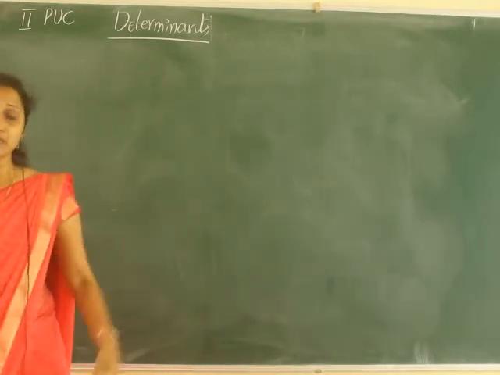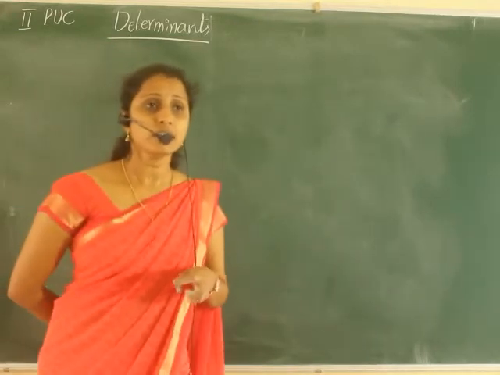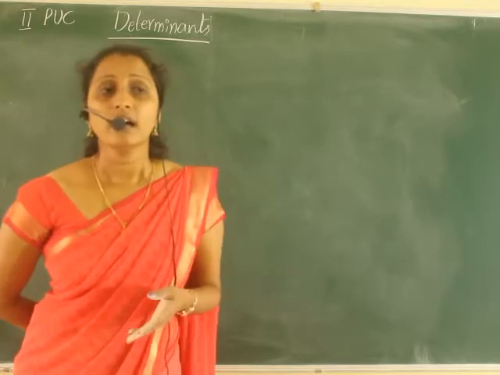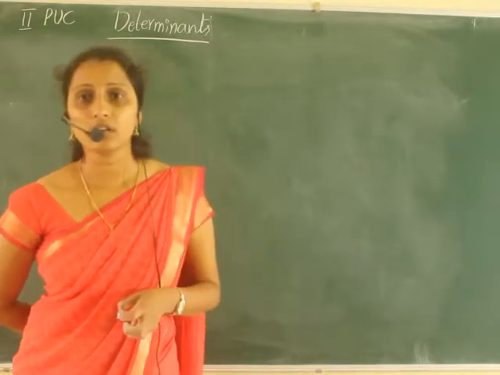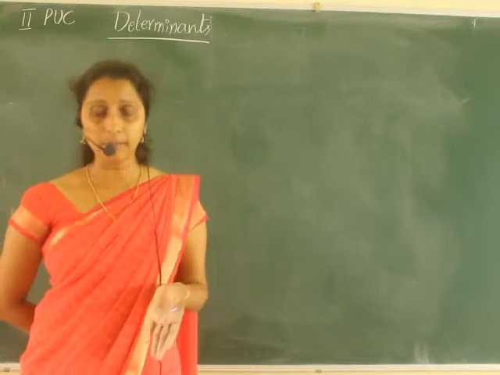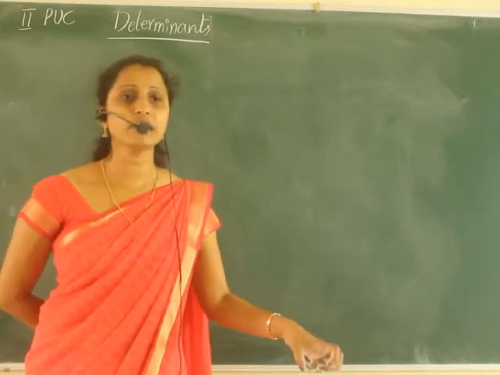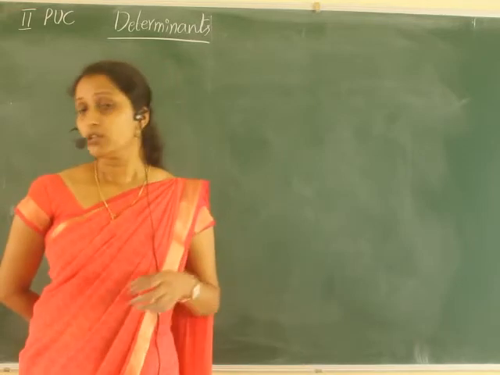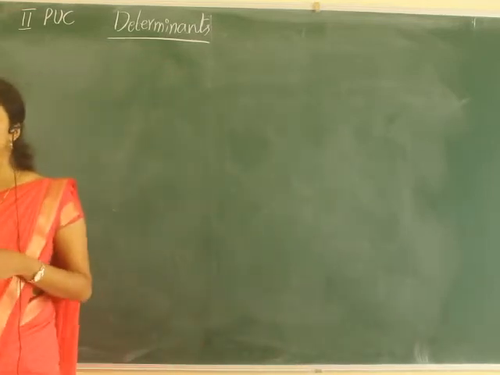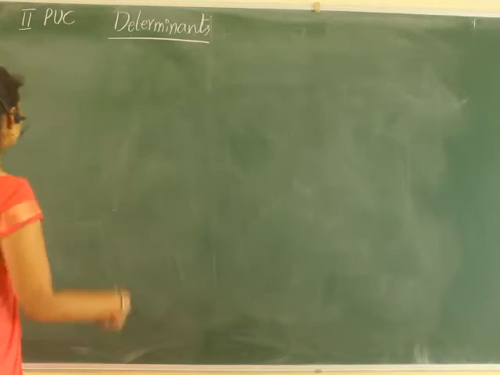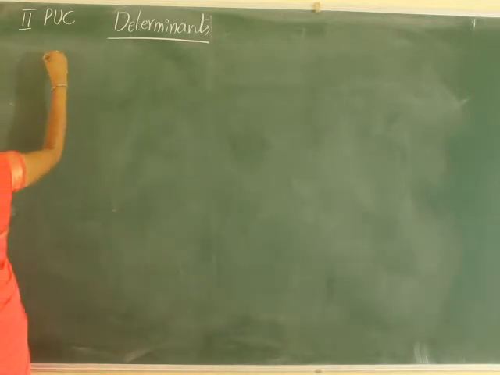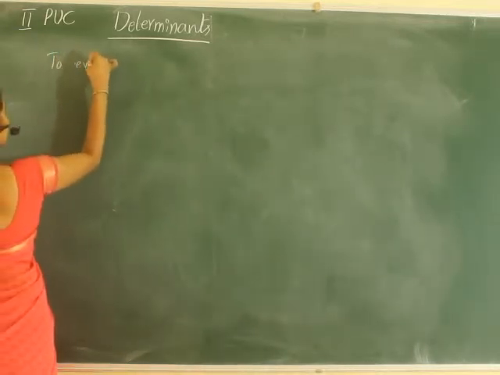For any square matrix A = [aij], we can associate a real or complex number, and that is called the determinant. So this is just the definition of a determinant. What is the definition you can write?